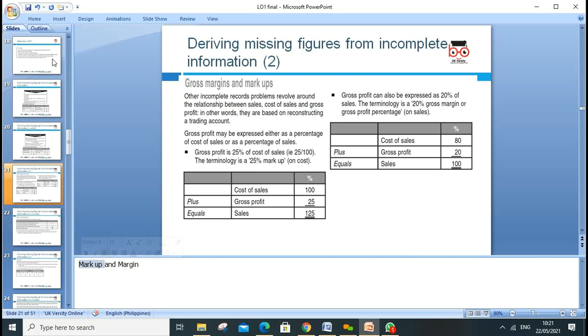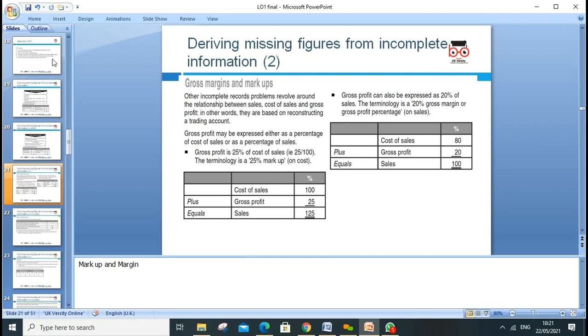If the word markup is used, it means 100% is the cost, and whatever percentage of markup is given is the gross profit. If the word margin is used, it means 100% is the sales, so your gross profit is based on the sales.